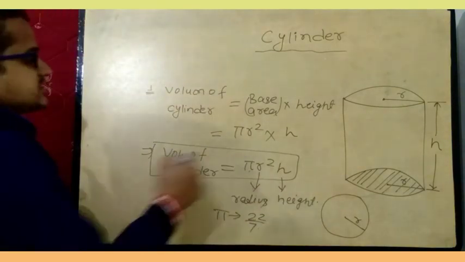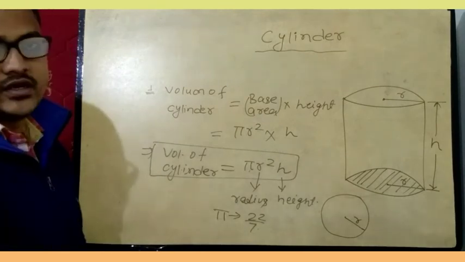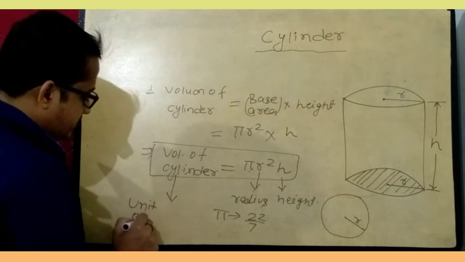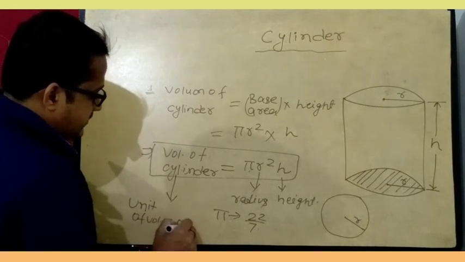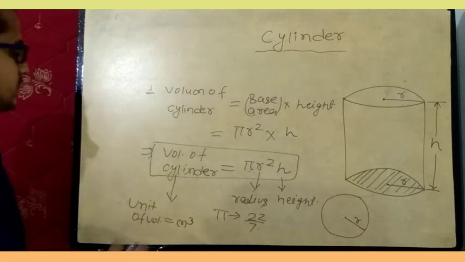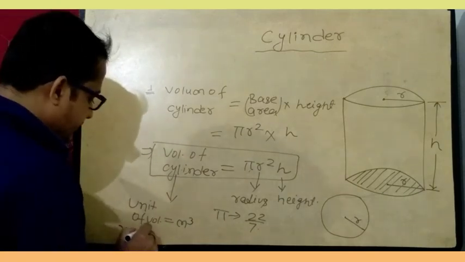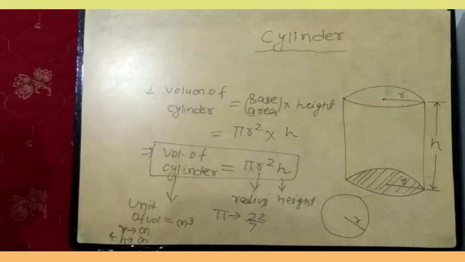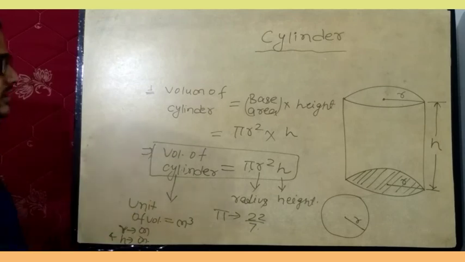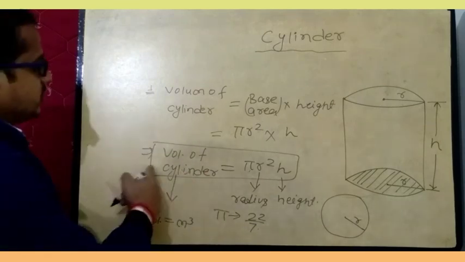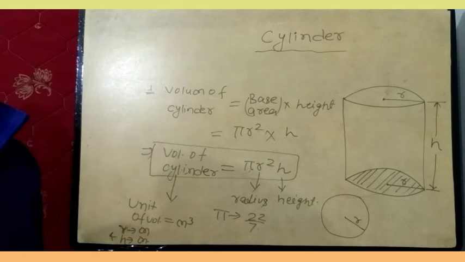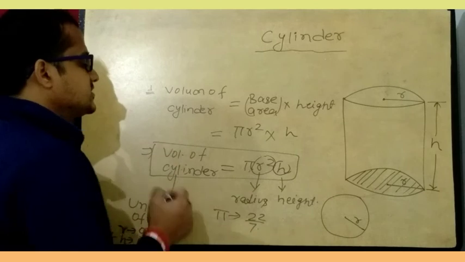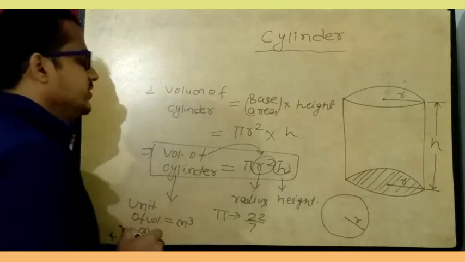If radius is given in meter and height is given in meter, then the unit of volume is meter cube. If radius is given in centimeter and height is also given in centimeter, then volume of cylinder is in centimeter cube. Depending upon the unit of r and h, we can find out the unit of volume.